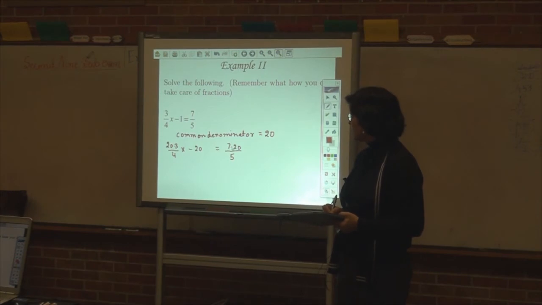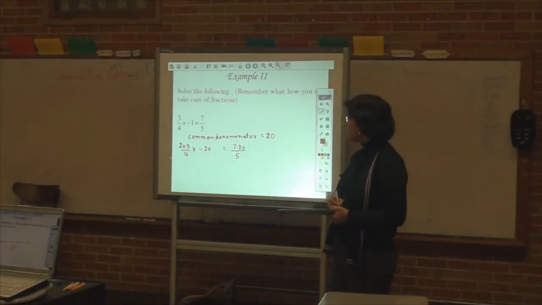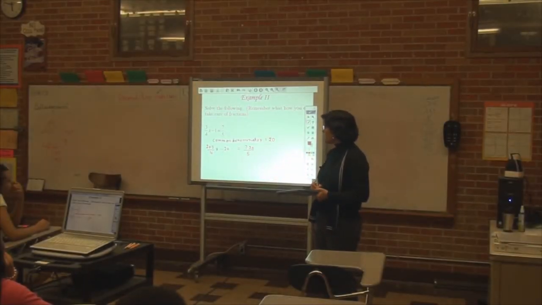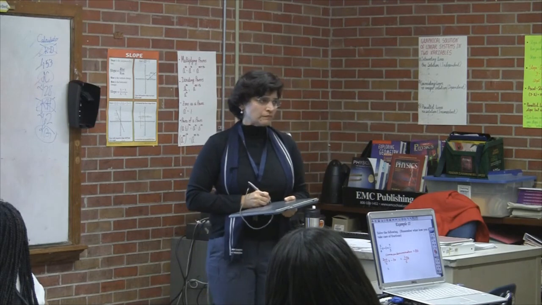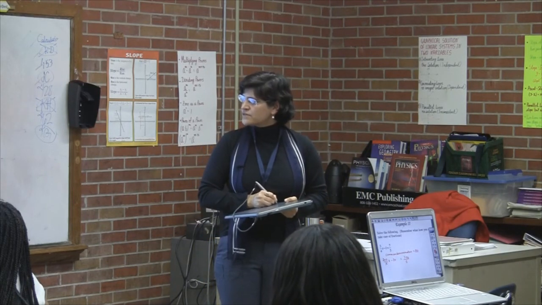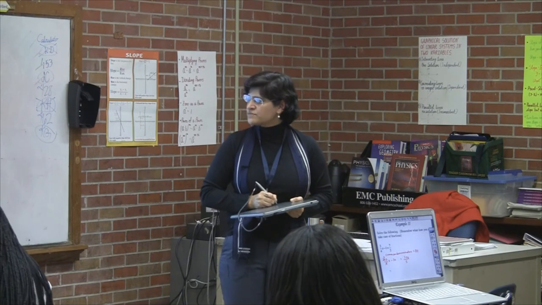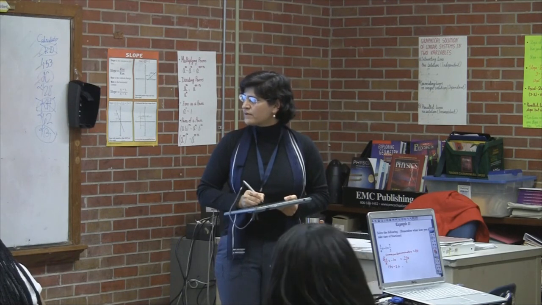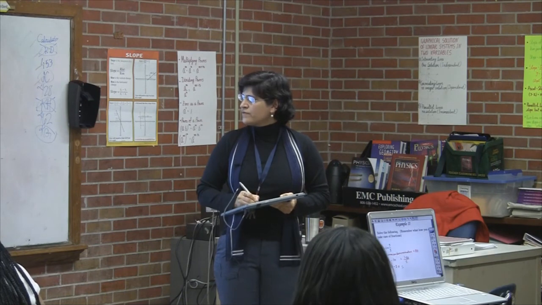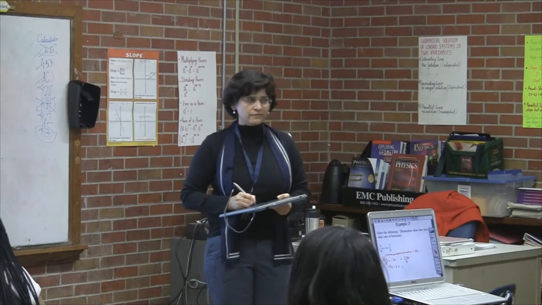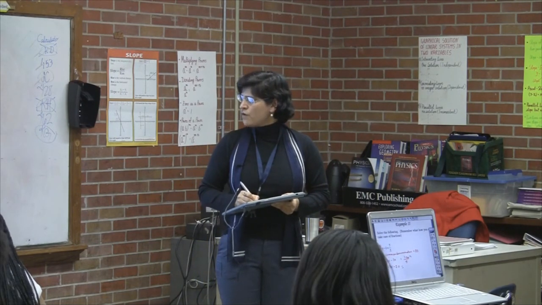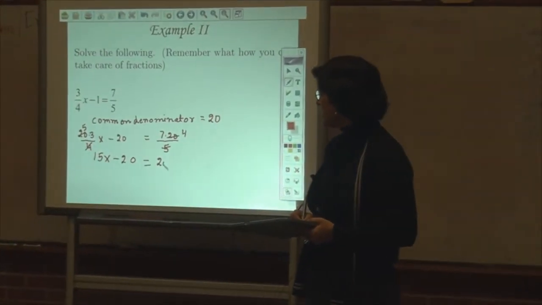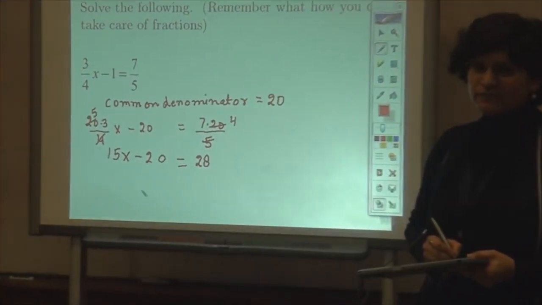And here I have 7 times 20 over 5. Now we can cancel. What's 20 divided by 4? Exactly, so this is 5. What is 5 times 3? 15 minus 20. Okay, let's do it. How can we divide 20 by 5? 4. Good job. And then we are left with 28.